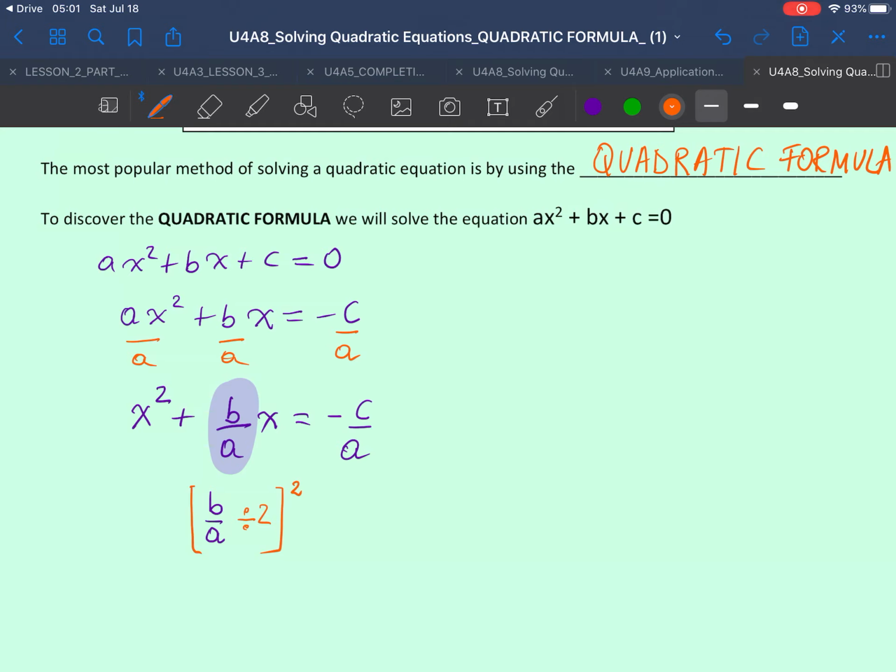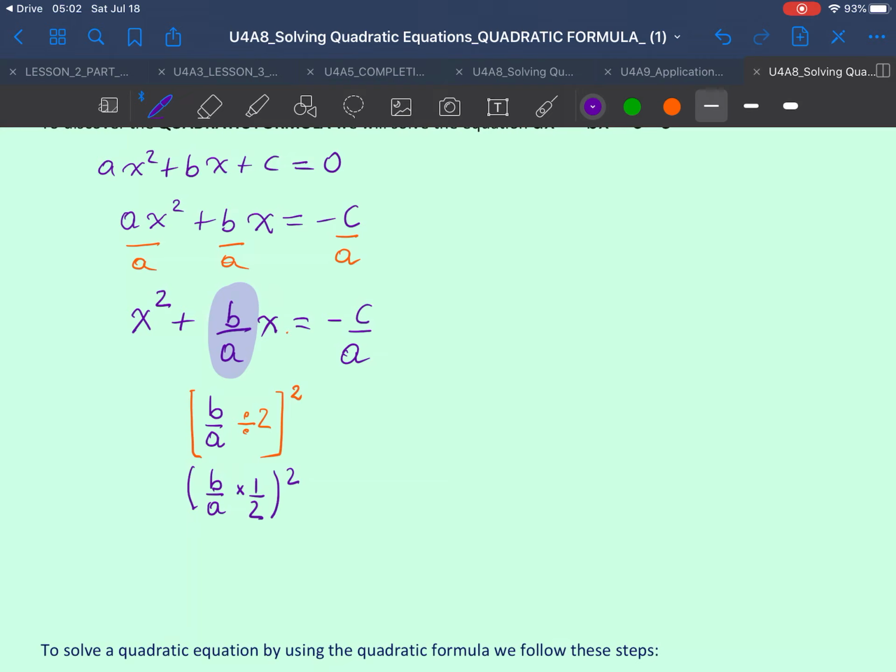This will give us the third term we must add in order to make this binomial into a perfect square trinomial. So b over a divided by 2 is the same as b over a multiplied by 1 over 2, and then we'll square it. Now b over a times 1 over 2 is b over 2a, and then you square it.